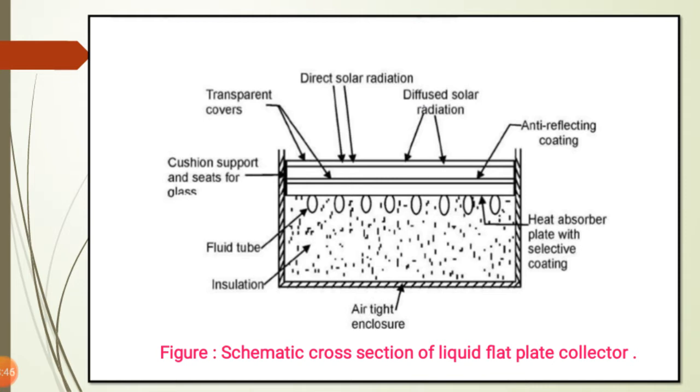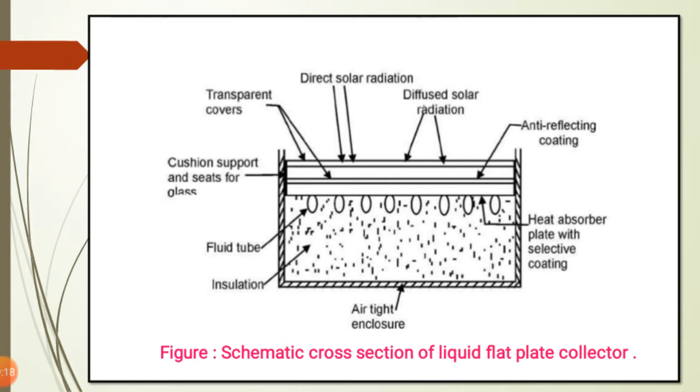Below the absorber plate there are small circles, that is the fluid pipes or fluid tubes, and above the small circles there is a line, which is the heat absorber plate with the selective coatings. When the heat is absorbed by the plate, this heat is transferred to the liquid which is present in the fluid tube.